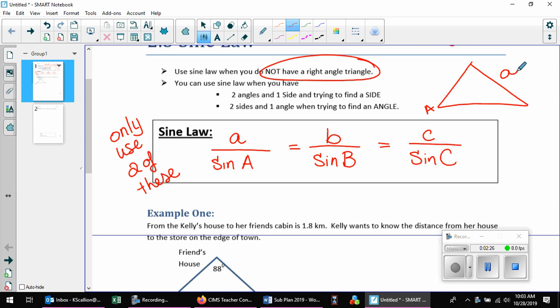But this is why it's super important that everybody's labeling the triangle the exact same way, because now it really matters in your formulas. Okay? So angle A will always be denoted with a capital letter. Side A should be lowercase. And I've seen the sine law done in reverse, where sine A is on top and side A is on the bottom.